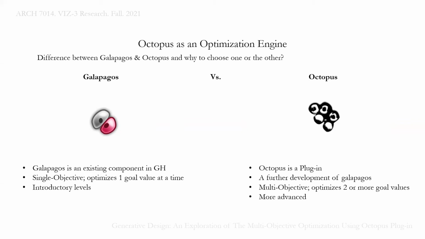It's less complicated than Octopus. Octopus is a very recent plugin, a further development of Galapagos, and it is multi-objective, so it can carry two or more goals and optimizes two or more values, and it is more advanced. So if you want to start with design generation, you can experiment with Galapagos first and then try moving forward to Octopus.